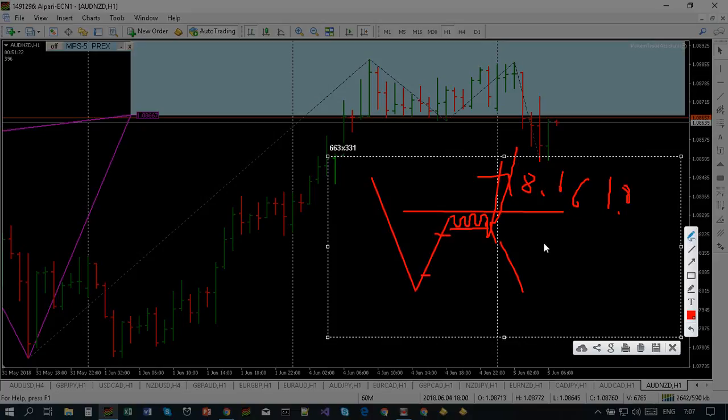So what institutionals do is look at the areas where potential buyers or sellers may come together, and it is a good way to buy at support for them, because they always have liquidity there. They always have somebody who is going to sell something for them.